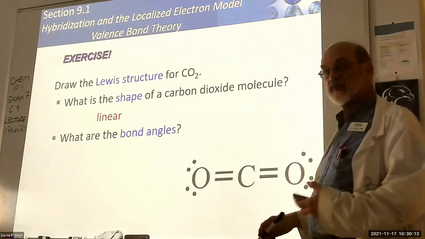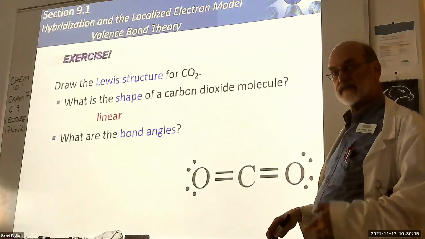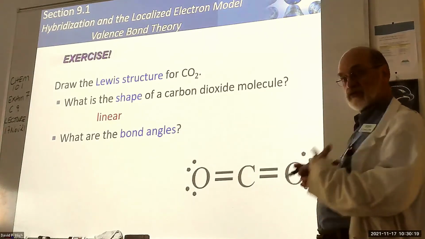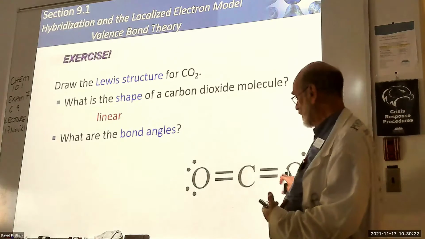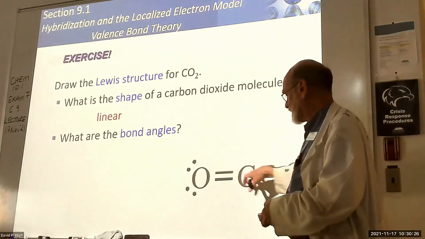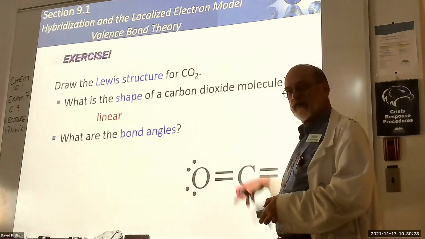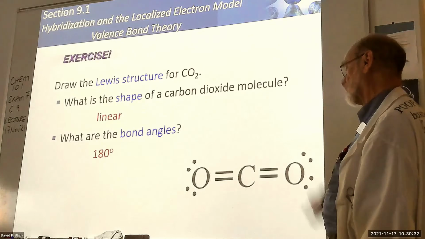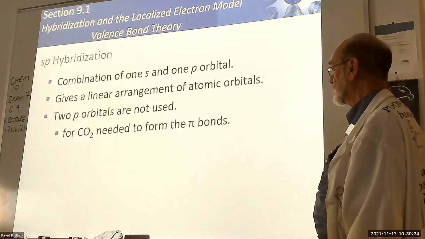So it has to be an sp hybridized orbital. One s and one p hybridized to make two equivalent sp hybridized orbitals. And that gets the sigma bonds taken care of. Now we have to account for the pi bonds. And of course the bond angle is 180 degrees.